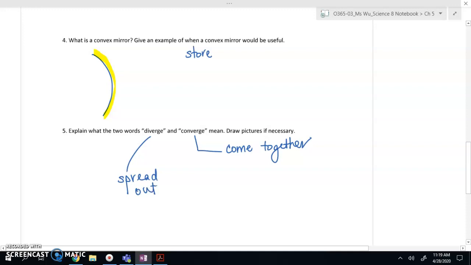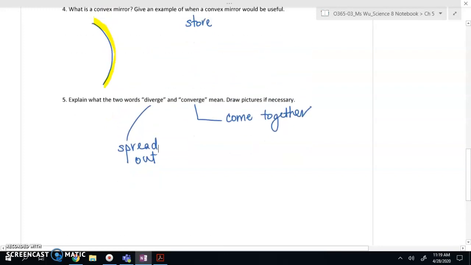Those words have special meaning right now. And when we talk about light, light can be reflected off, for example, a convex mirror, and spread out. And in the opposite, like my flashlight, light can bounce off a concave mirror and come together, or in other words, converge.